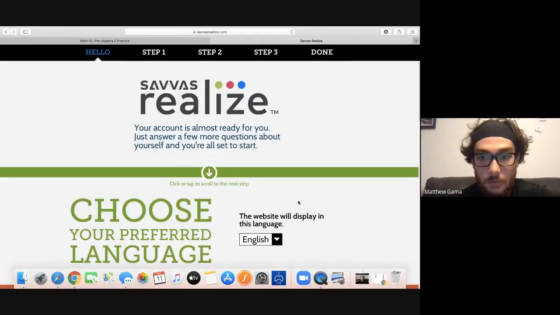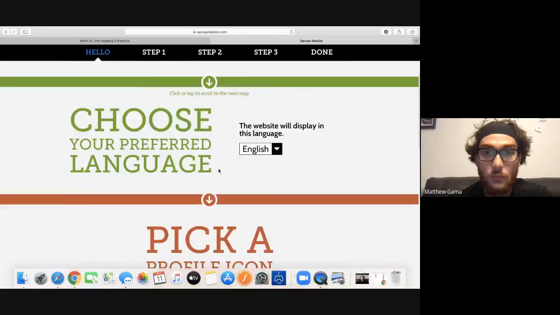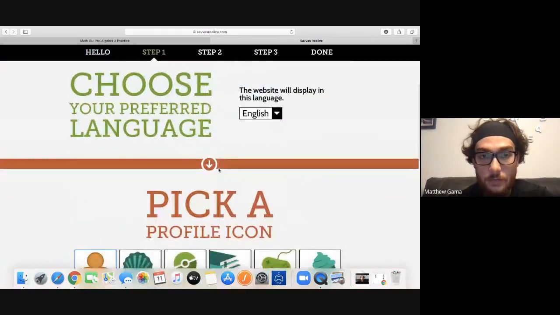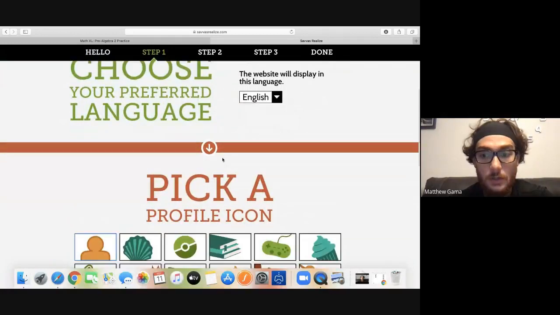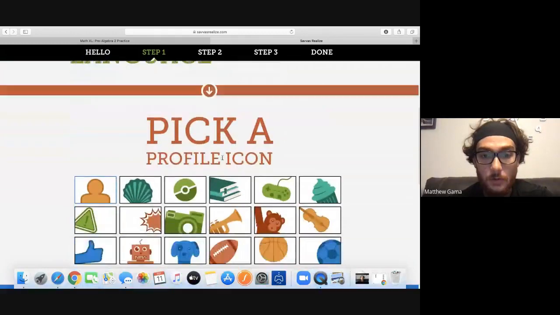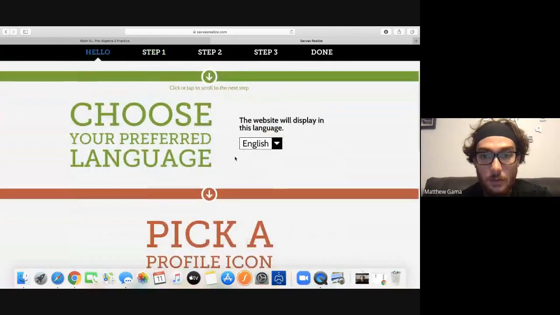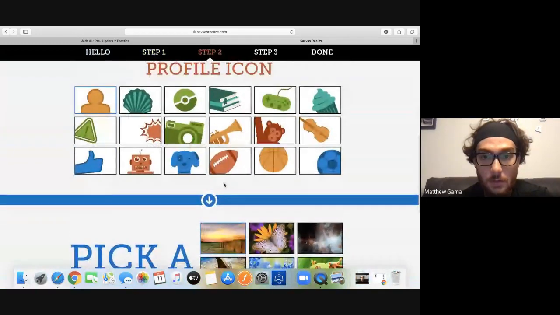Hopefully this works. And it does. Okay, so the first time you sign in, you're going to have to go through a couple steps. Choose your preferred language, pick a profile. I'm going to pick English. I'm going to pick a football.